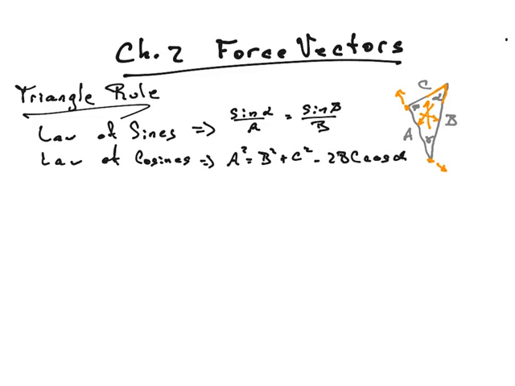Thankfully, law of sines and law of cosines can work. And if you notice, if alpha, for instance, is 90 degrees, then this third term, the minus 2BC cosine alpha, goes to 0, and you're left with the Pythagorean theorem. So this is like the Pythagorean theorem only for triangles that are not right triangles.